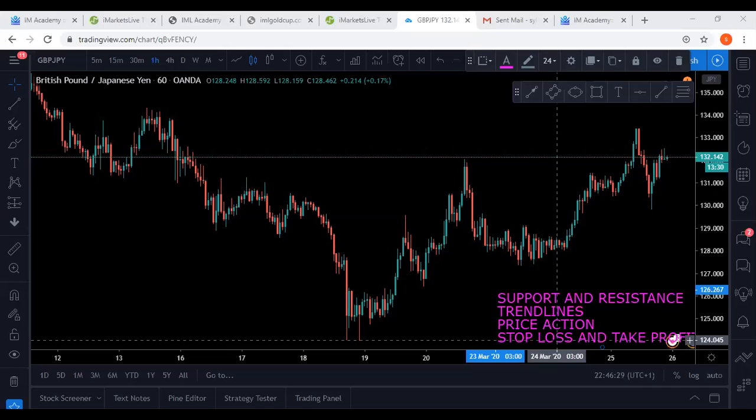So you know that the support is your floor, it's helping you to stay above, and your resistance is your ceiling, it's keeping you below. Very, very simple stuff. All you need to know is my support is my floor, my resistance is my ceiling. And you, as a human being, you're going to call yourself price.